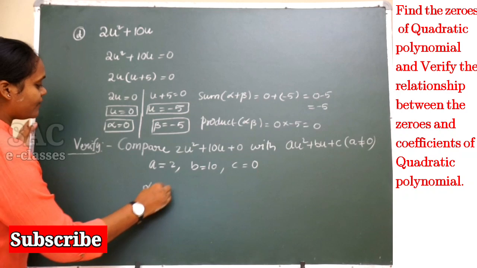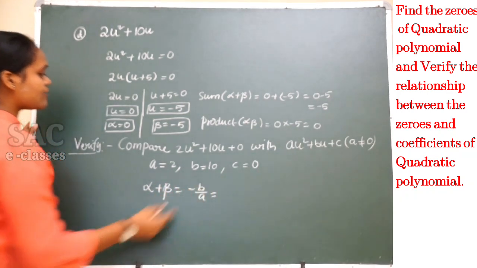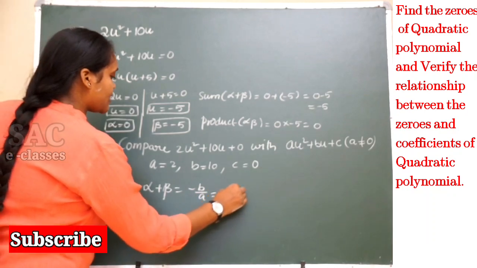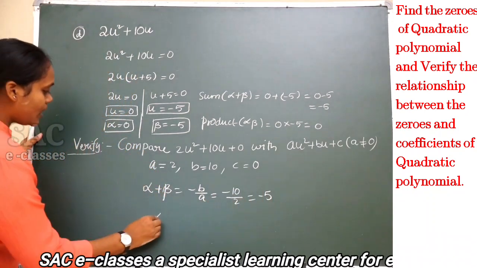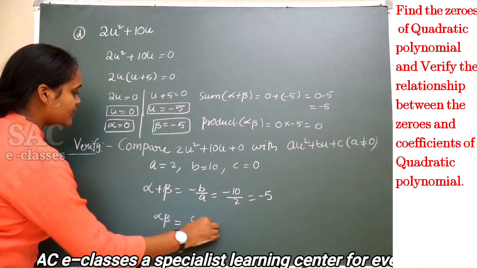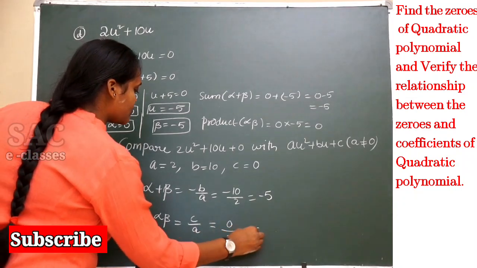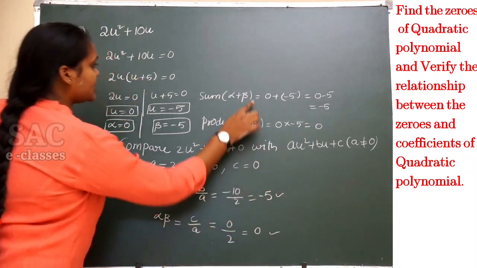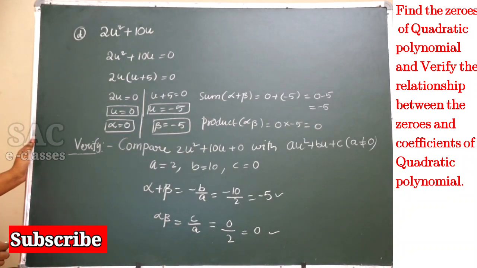And you know that alpha plus beta is minus b by a, which is equal to minus 10 by 2, which is equal to minus 5. Alpha into beta is equal to c by a, which is 0 by 2, which is equal to 0. Hence we have got the same answer. So we can say that hence we verified.